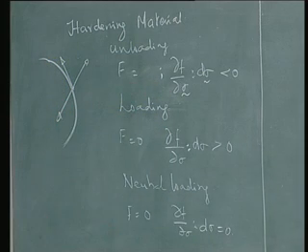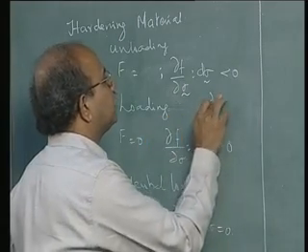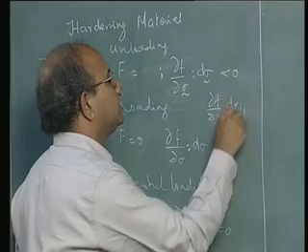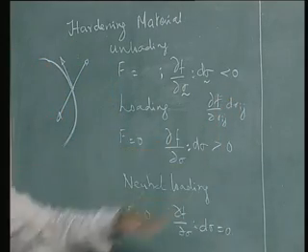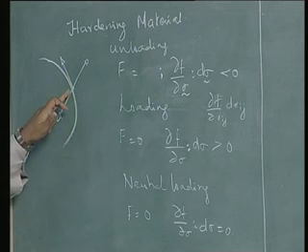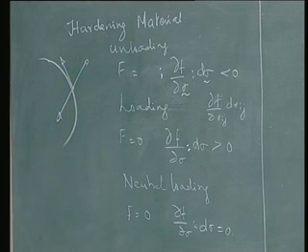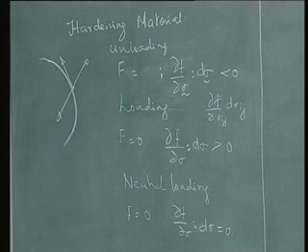This double dot indicates a double contraction, or in other words, this is nothing but ∂f/∂σij dσij. That is the quantity which we are looking at. Loading when this quantity is greater than 0, neutral loading, which means that we are moving along the yield surface. So that is what we call the neutral loading.